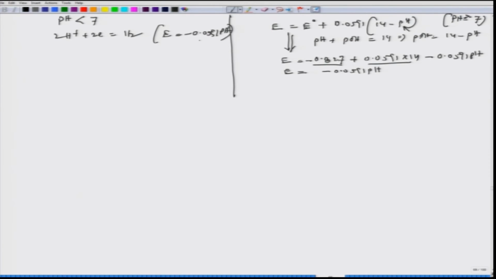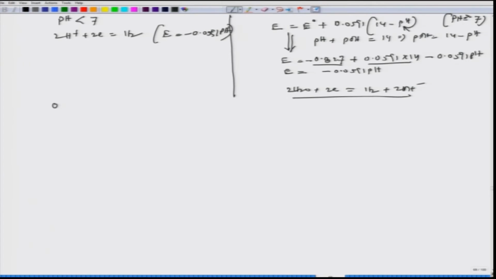So, that means they will be lying on the same line, but one starts from 7 on the right side in the pH axis. This reaction would start below pH 7, and this reaction involving H2O would start when pH is equal to or greater than 7.